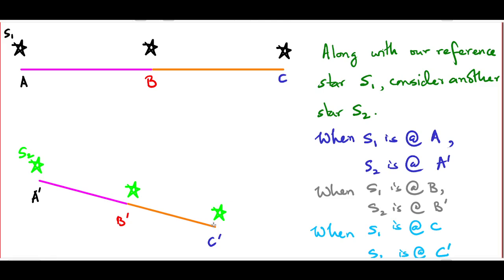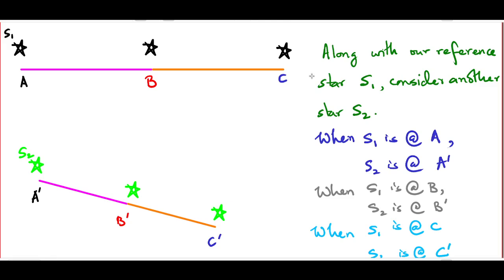They can move in different directions, which is why our straight line here is not parallel to the other straight line. They can also move with different velocities. But what is critically important here is that once we have established a definition of time using our star S1's motion, I no longer have the freedom to change time any longer.